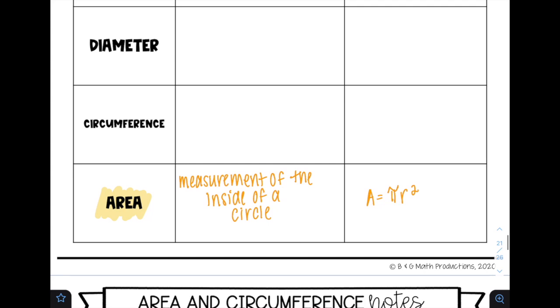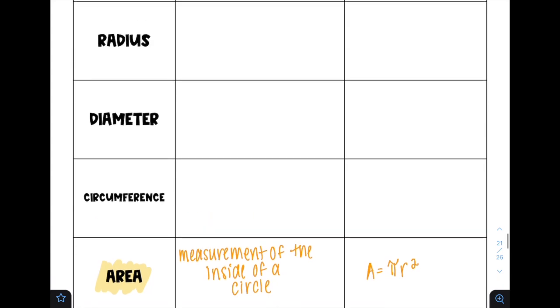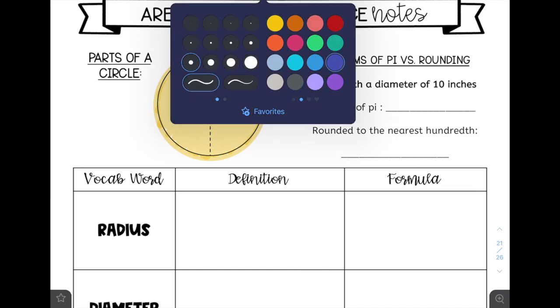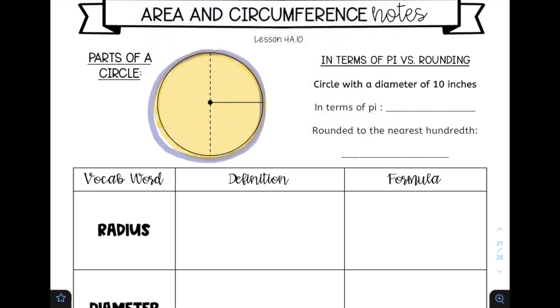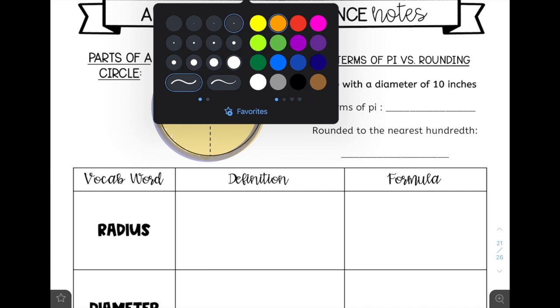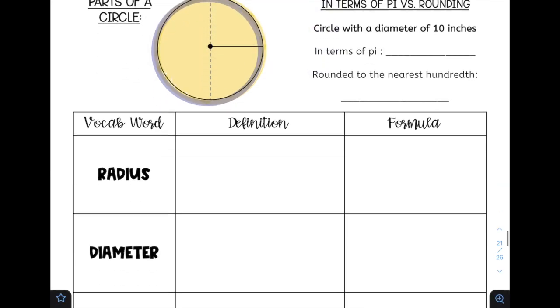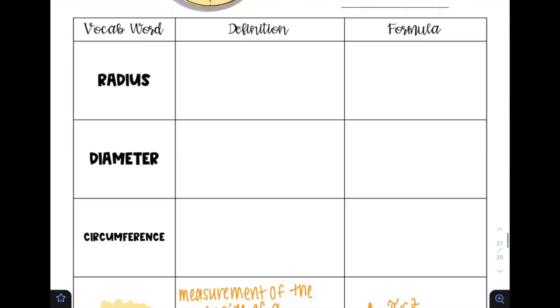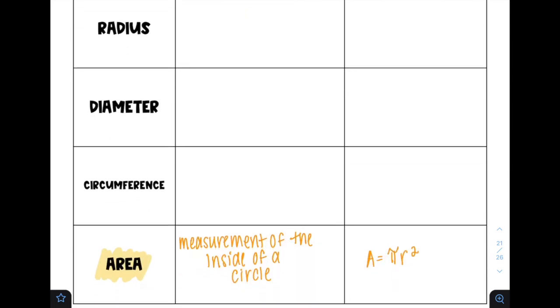Our next vocabulary word is circumference. So the circumference of a circle is going to be the measurement or distance around the circle.